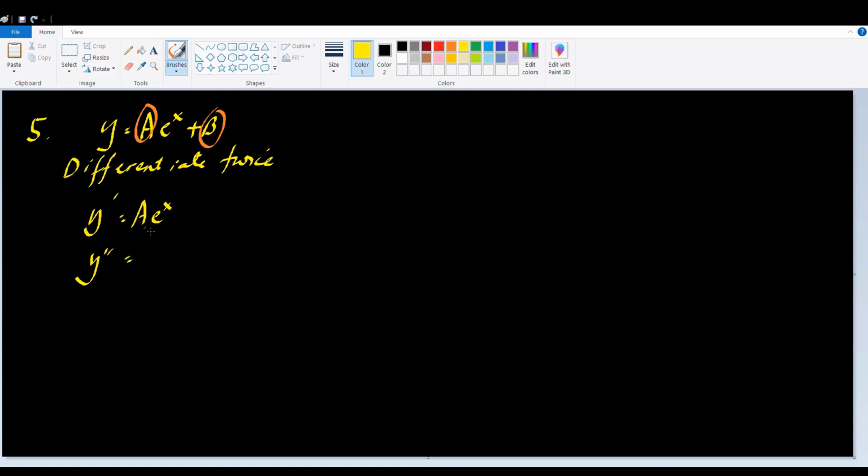Differentiating again both sides of the equation, we get y double prime equal to a e to the x. And clearly, the differential equation is y double prime equal to y prime because a e to the x is equal to y prime, or y double prime minus y prime equal to 0.